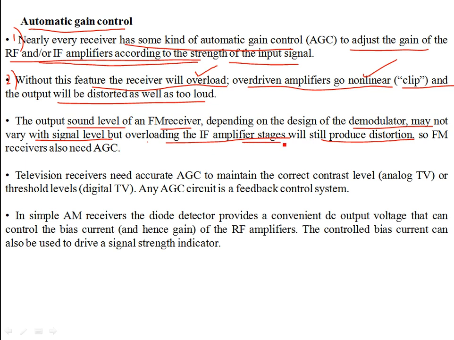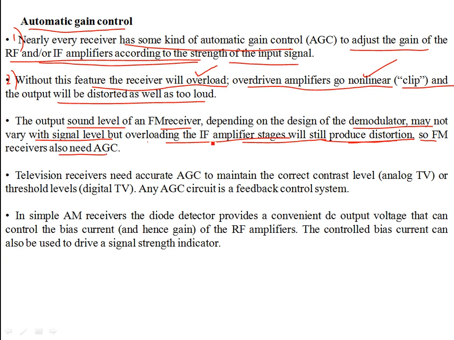So you can still have this gain problem, and an overdriven and overloading problem at the IF stage. So this might produce distortion. So even FM receivers also need automatic gain control. Okay. So if you say that in FM there is no problem, there is no signal variation, there is no amplitude variation.